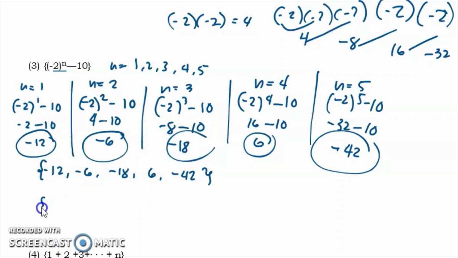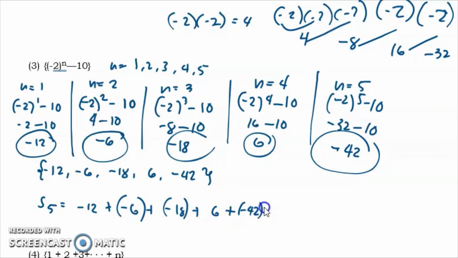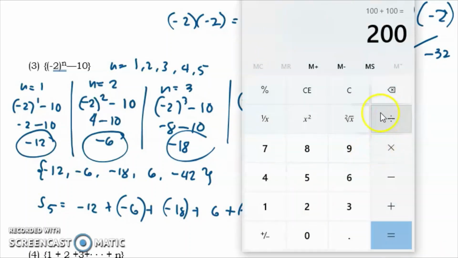Now, ano ang S5 natin? So, ang S5 natin will be negative 12 plus negative 6 plus negative 18 plus 6 plus negative 42. Aha. Oh, ilan yan? Oh, let's see na dito ha, para mabilis.